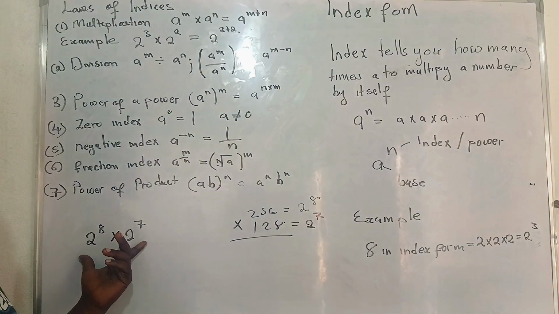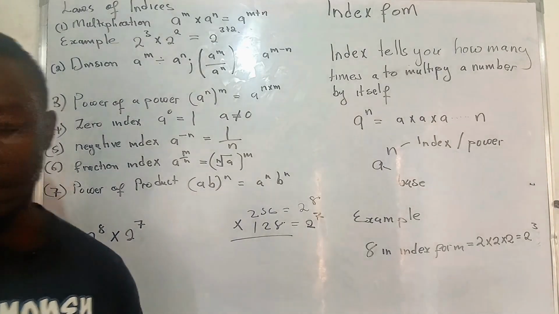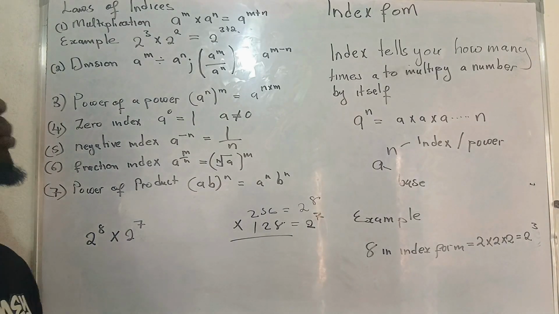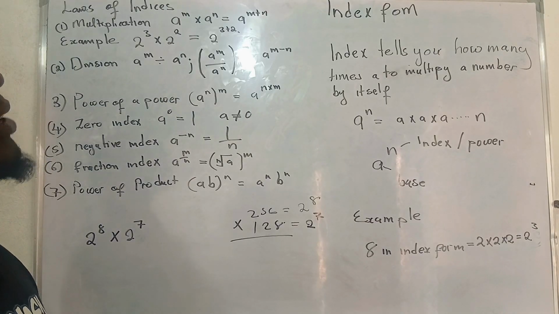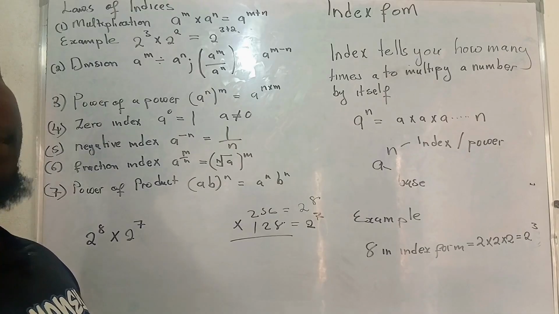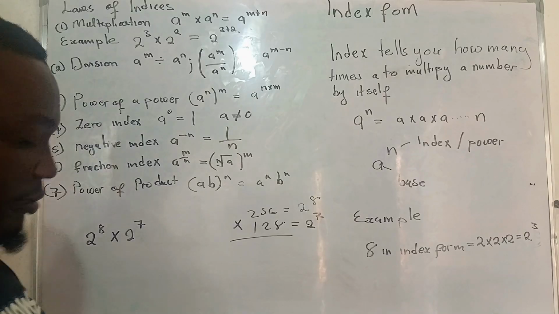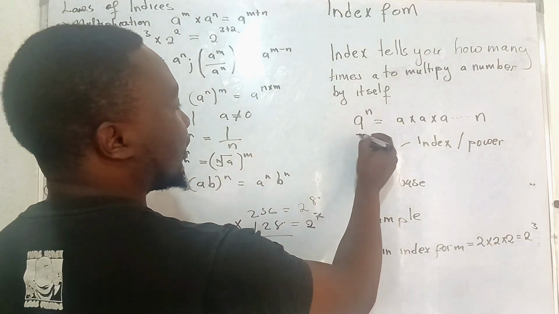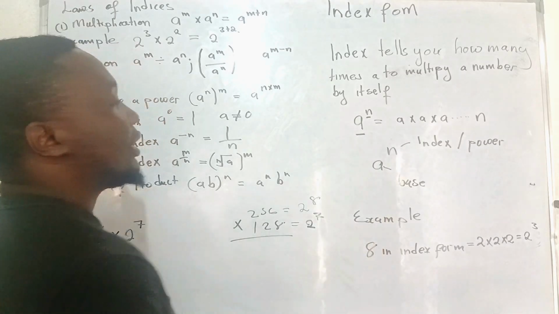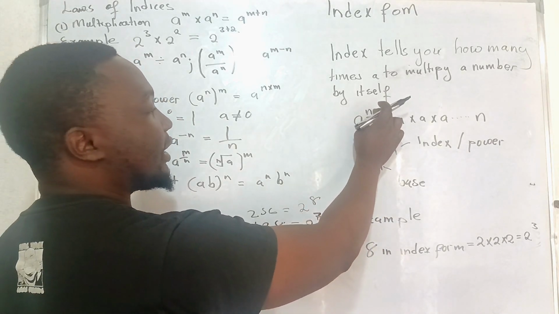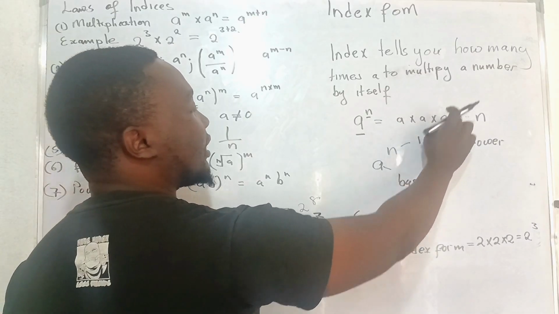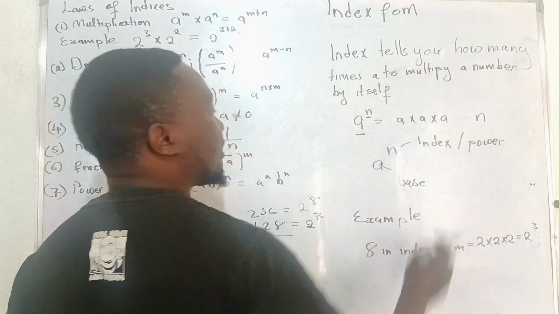So let's remain here and look at the board. Index form tells you how many times a number is multiplied by itself. For example, if you have a number a to the power n, it means that a is going to multiply itself n times: a times a times a, up until it reaches n times.